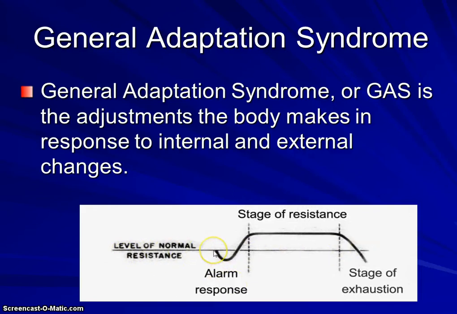When we're in the alarm stage, we're below that, and as the stressor occurs, our level of resistance rises, and then we kind of peak out, if you will, during our stage of resistance. And then when you see the exhaustion stage, what that means is that stressor's been around for so long and so high that we just can't fight the stressor anymore.